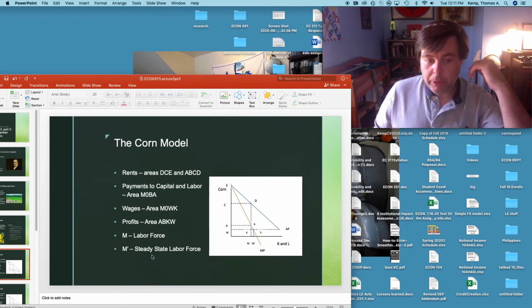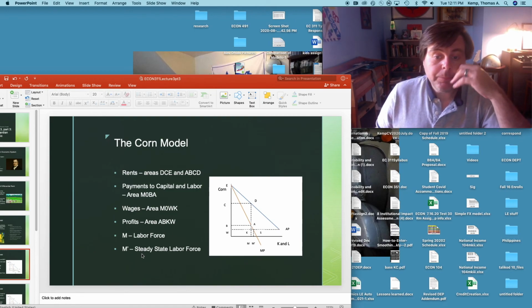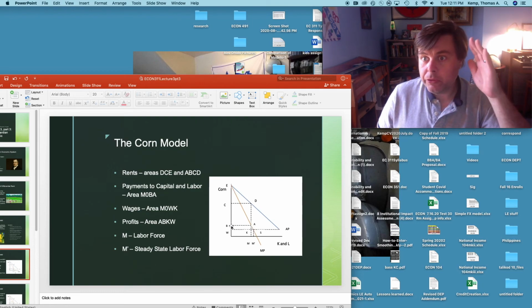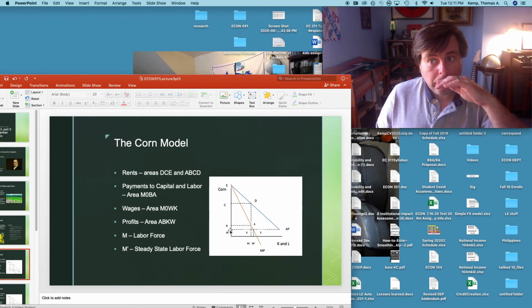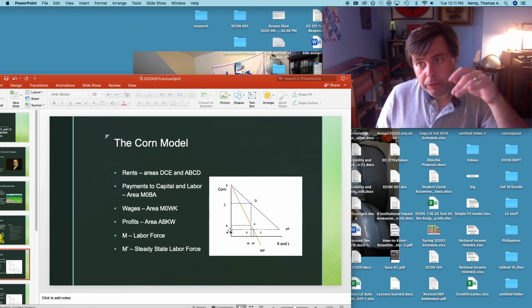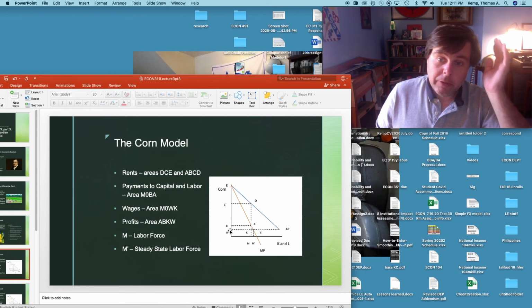I'm going to come to M prime in just a moment. Just to reiterate where we are: rents are this area here, straight from our theory of differential rents in part 2. And then we've made an arbitrary distinction here about what initial subsistence wages are. We'll talk about this more in a couple slides, but we're assuming that we're not already at the steady state.